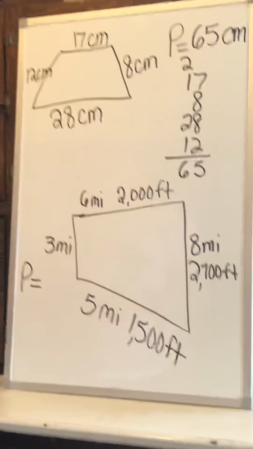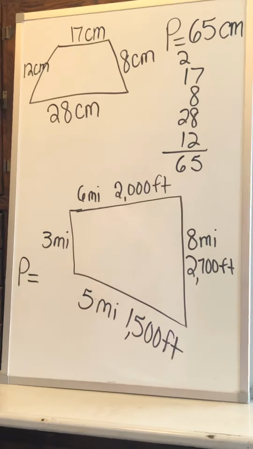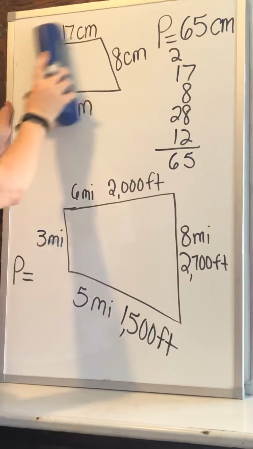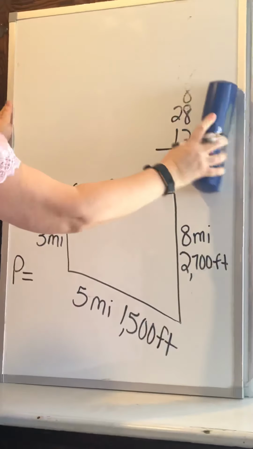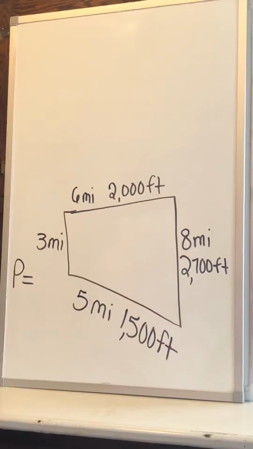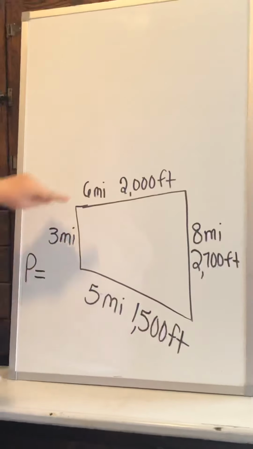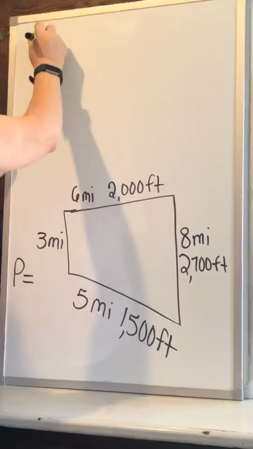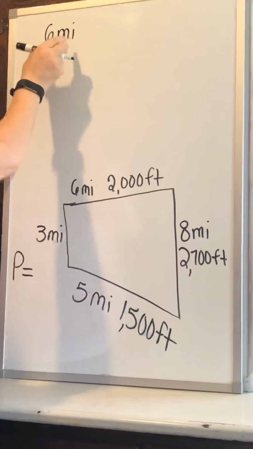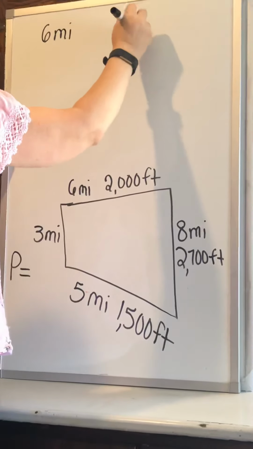Now, the next thing we have is a very odd-shaped polygon right here. And if you've noticed, it's got some big numbers. Remember, I'm just going to ask you to add these up, and we will figure out the measurements later. So let's take 6 miles. We're going to put the miles on the left side and the feet on the right. We have 2,000 feet.